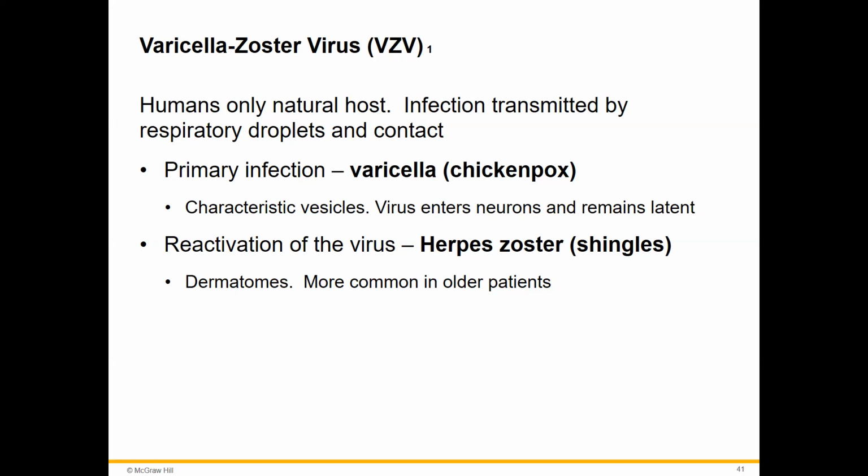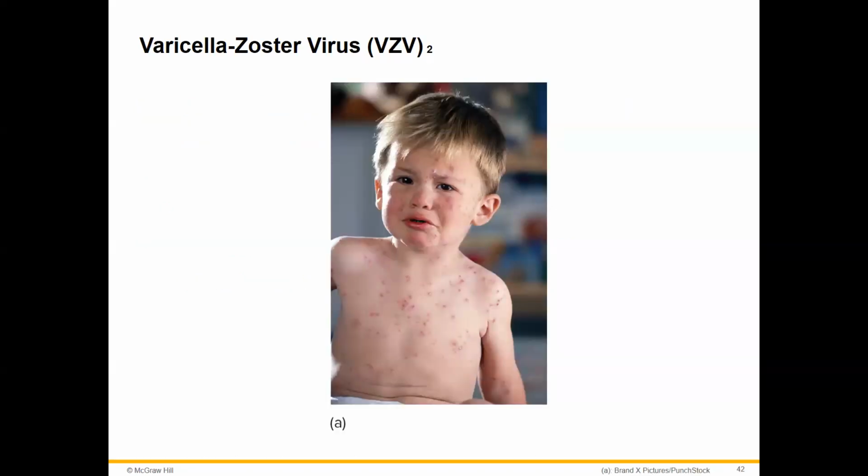The primary infection with VZV is varicella, which is chickenpox. This is your itchy vesicles. The virus will enter into neurons and it can remain latent. It can get reactivated as herpes zoster or shingles, and that's how it can affect the dermatome of whatever neuron it remained latent in. You'll typically see it only in one dermatomal region, and you'll see it unilaterally because it's only in one dermatome, typically only activated from one neuron.